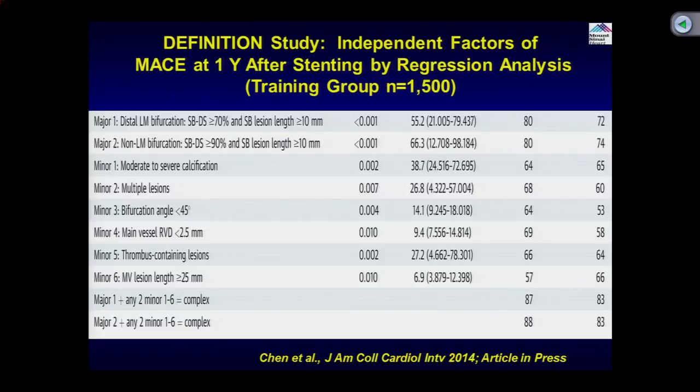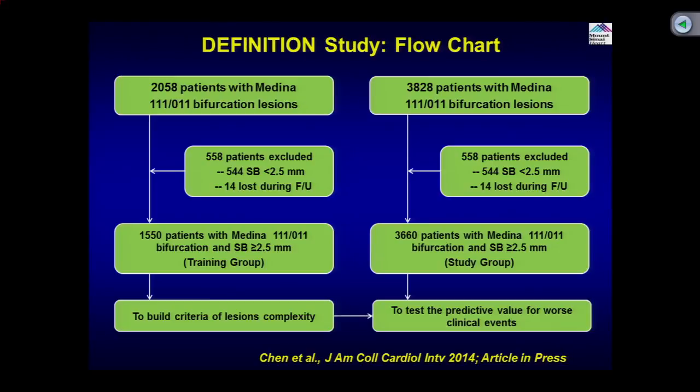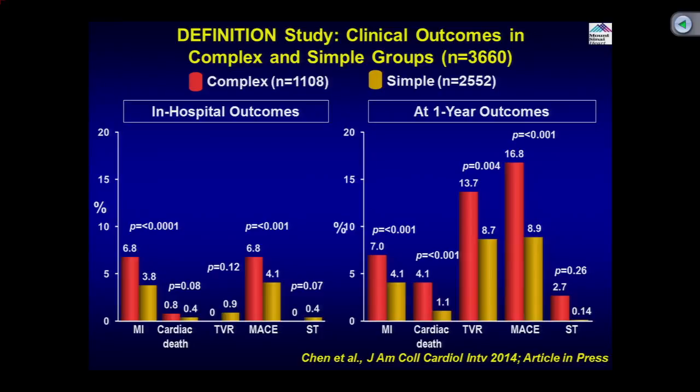In their training group of 1,500 patients, major and minor really predicted the outcome with a very high degree of sensitivity and specificity. Then they prospectively enrolled about 3,800 patients to this criteria of simple and complex, and the outcomes were clear. Complex cases have an in-hospital outcome and 1 year outcome much higher, almost double in every part of the MI, TVR, MACE and stent thrombosis compared to the simple group.